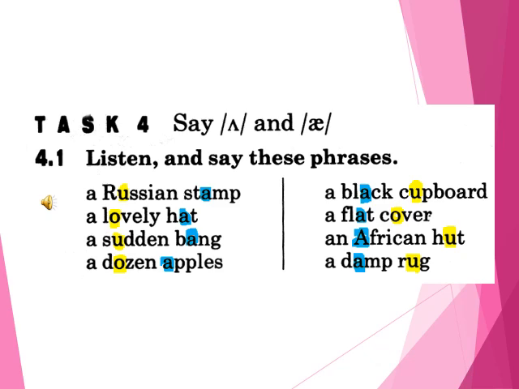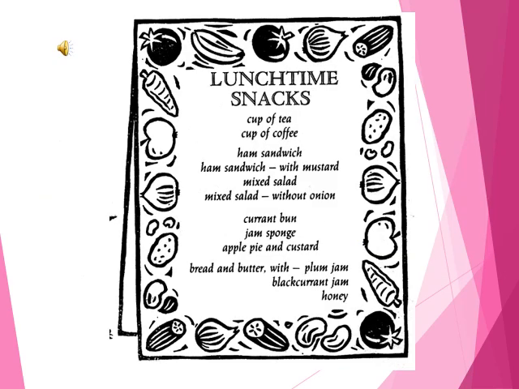Very good. Let's see another activity. In this one, you have a menu. What I want you to do is pause the video and analyze which A sounds you find in the words according to the spellings that we saw, which are the most common spellings of one A and the other A. Yes?